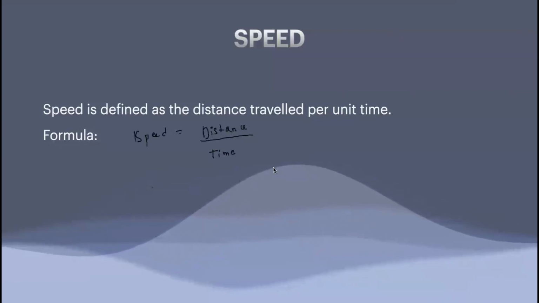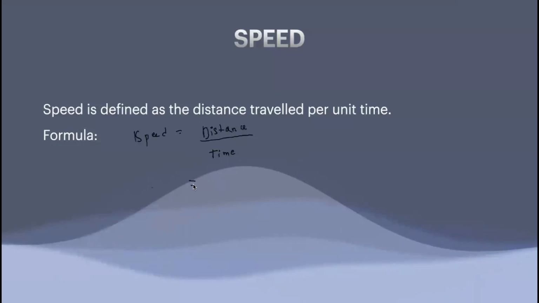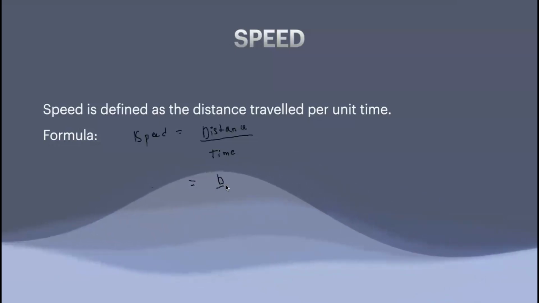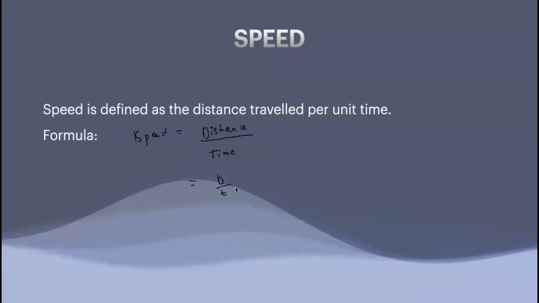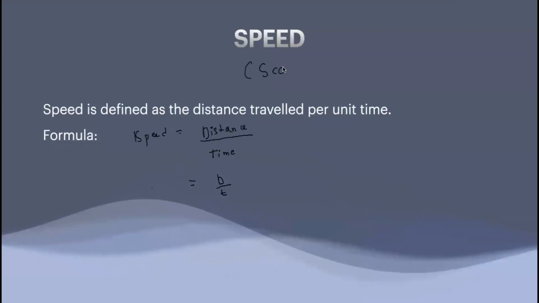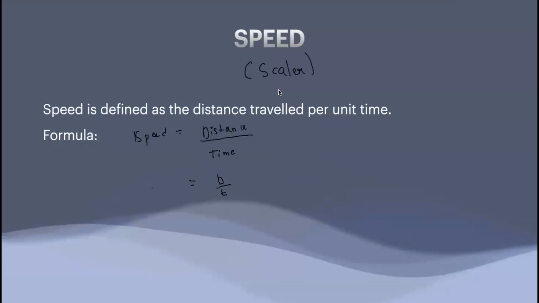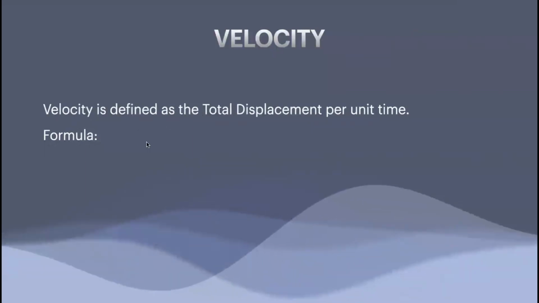So speed is nothing but distance upon time. You can also write it as d by t. And speed is what? A scalar. So speed is a scalar quantity. Is this clear?